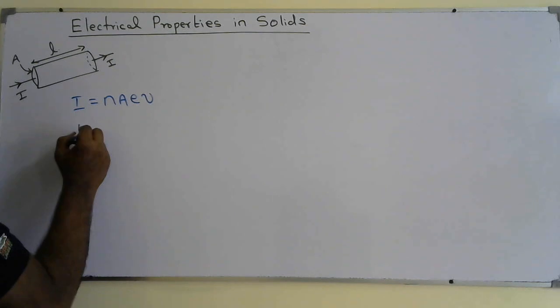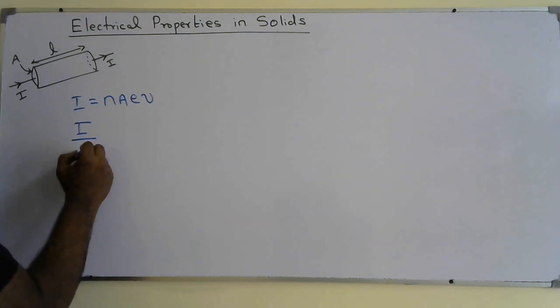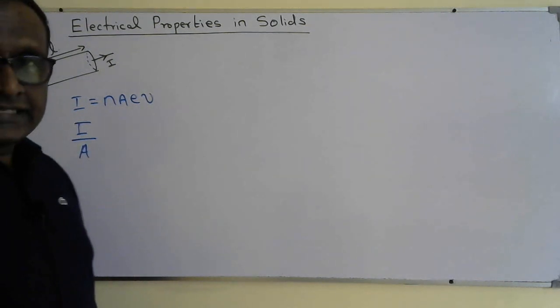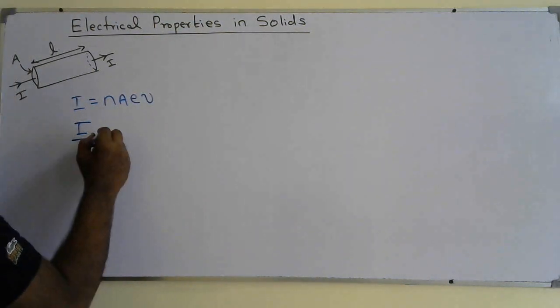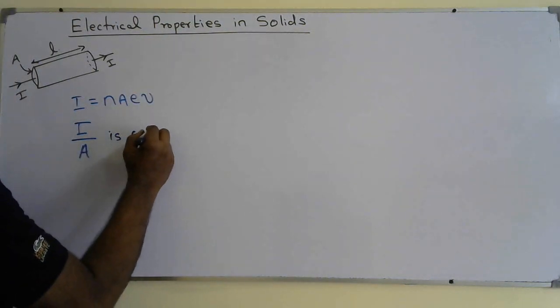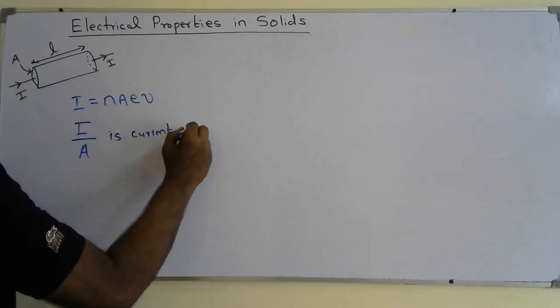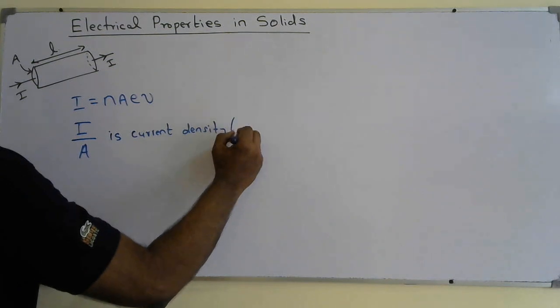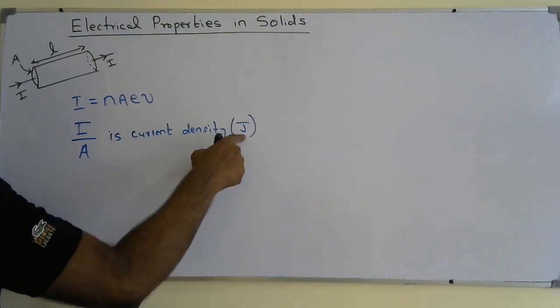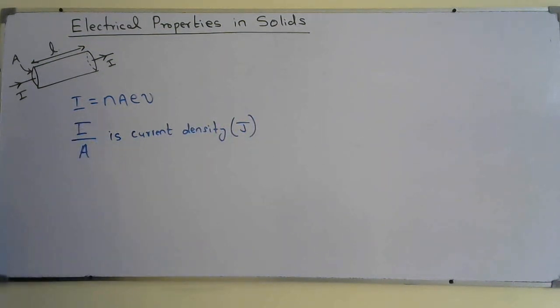Current per unit area is defined as current density, and it is denoted by J. So the unit of J is ampere per meter squared.